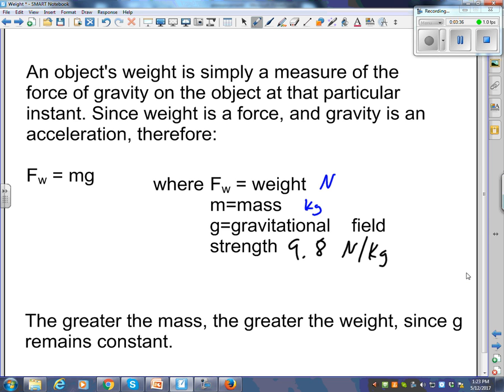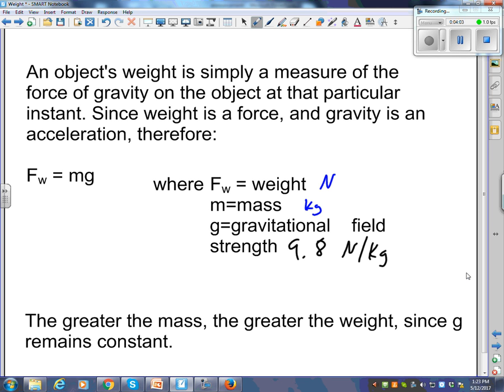And obviously, the greater the mass, the greater the weight, since the gravity remains constant. If I pick up something reasonably heavy, like a couple of textbooks, do I have more mass? I being the combined system.